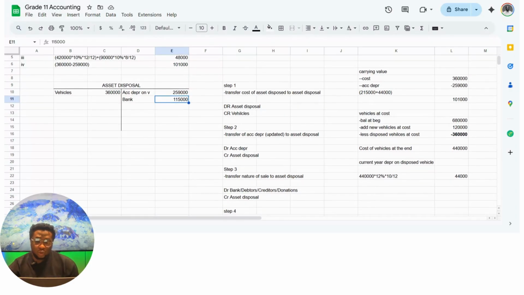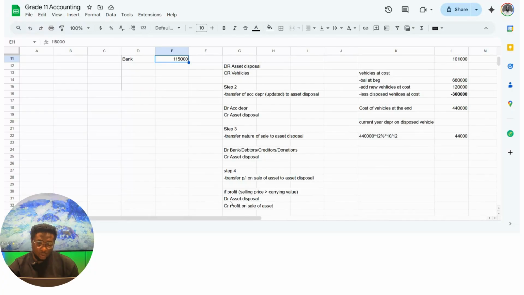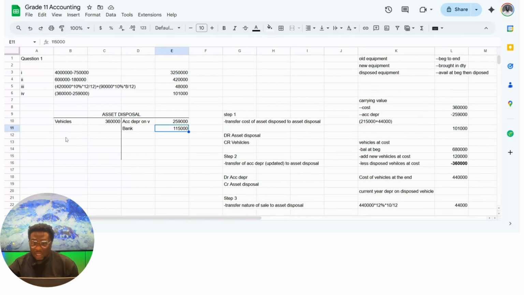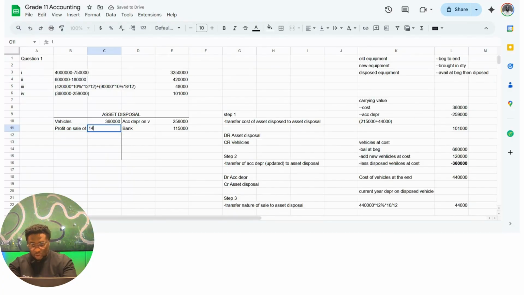And so how do we record a profit? We debit asset disposal, profit on sale of asset. So we'd come into the debit side of asset disposal and have profit on sale of asset, and that's going to be 14,000.